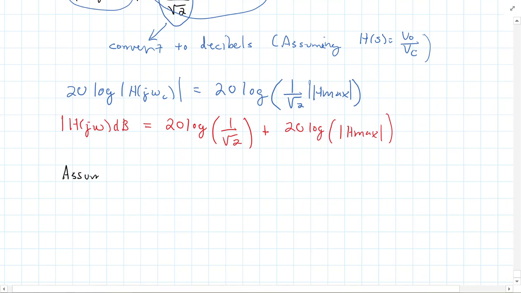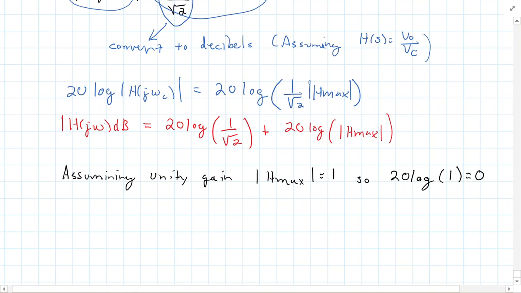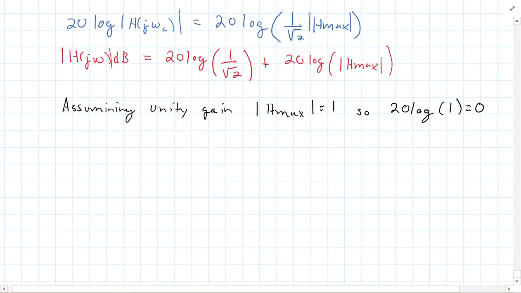Now we'll make this assumption: assuming unity gain, H max is equal to 1. So 20 log of 1 is 0. Now I just have to compute this number, and you can go through the computation.